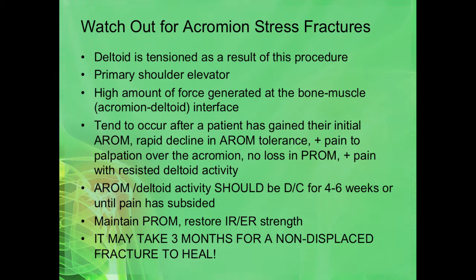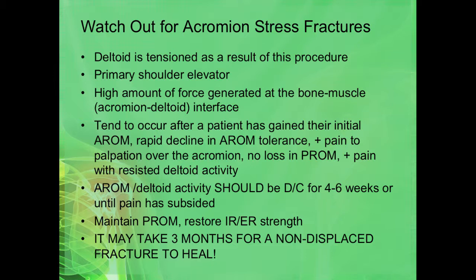What we do want to be careful of in this population is to watch out for acromial stress fractures, because the joint is moved medially and inferiorly, and we get a lot more deltoid activity. There's increased tension on the deltoid, which now becomes the primary elevator. So there's a high amount of force generated at the bone-muscle junction, meaning the acromion and the deltoid.